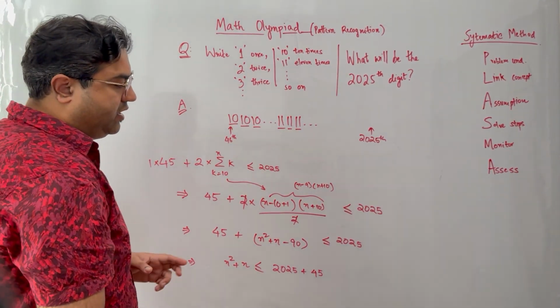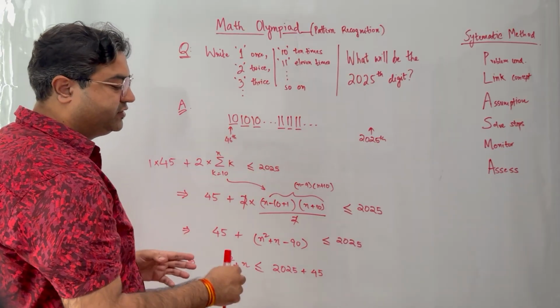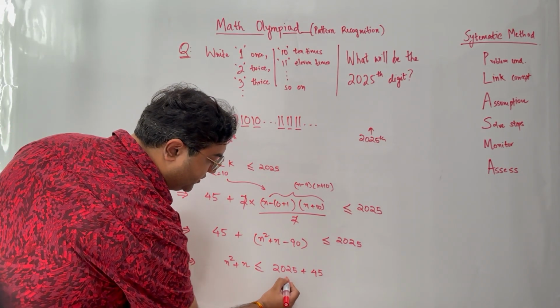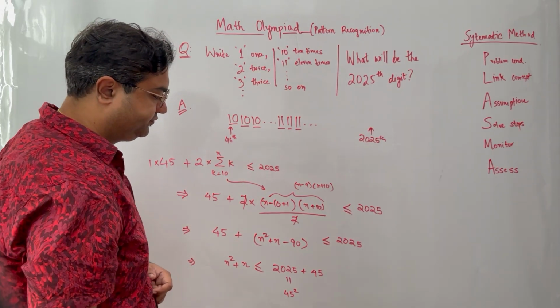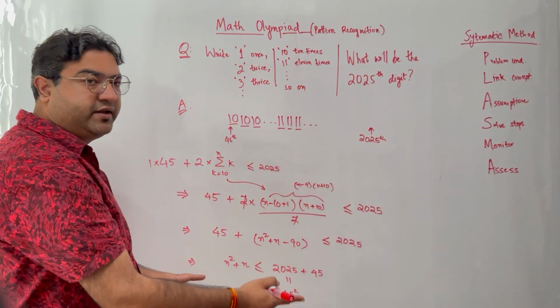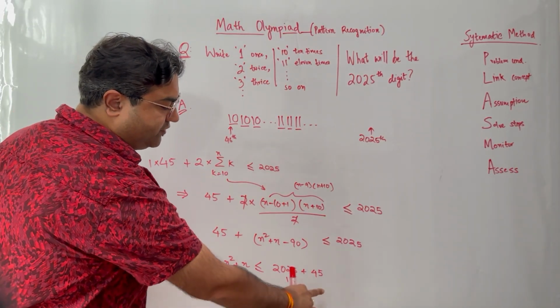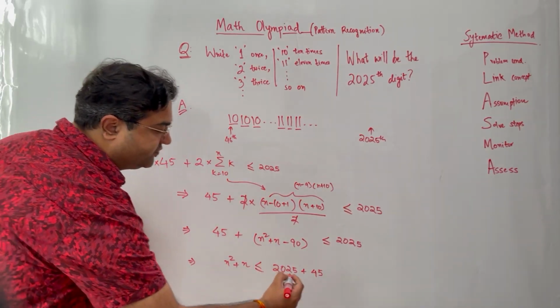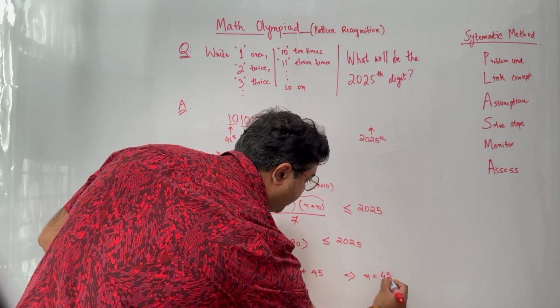Okay, one more thing here is 2025 is actually the square of 45. So this one is 45 square. Do you see some similarity here? It looks like n square plus n less than or equal to 45 square plus 45, which gives us that n is itself 45.